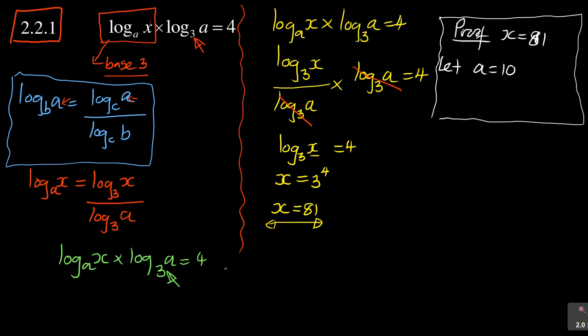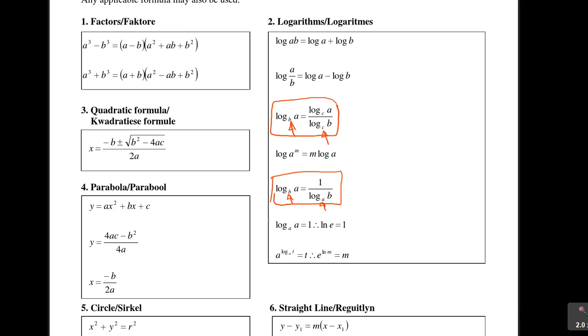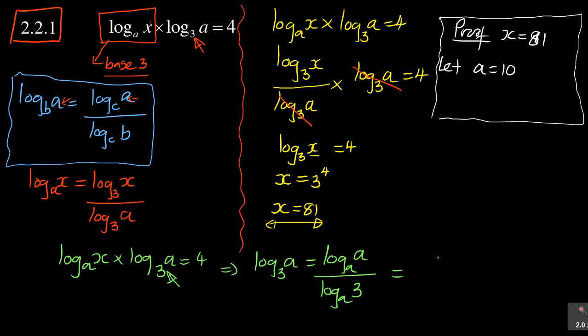So you will say log base 3 of a is equal to log base a of a over log base a of 3. Now go to your formula sheet. Remember log base a of a is 1, so you will have 1 over log base a of 3.